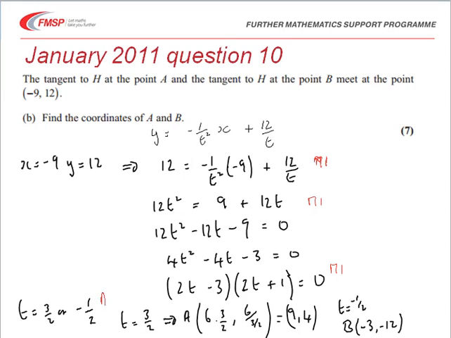An A mark, answer mark, for working out the values of t from that, and then a method mark for substituting, and finally two answer marks, A1 and A1, for getting the points A and B. So a total there of 7 marks.